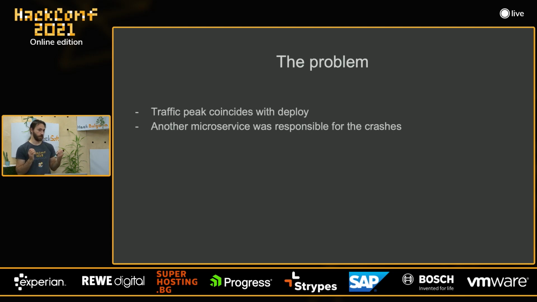What happened is that we have irregular traffic during the day. We have moments that have really high traffic and really low traffic at different parts of the day. And the deploys that we first tried actually coincided with the traffic peaks. And it was actually another microservice that was responsible for the crashes.